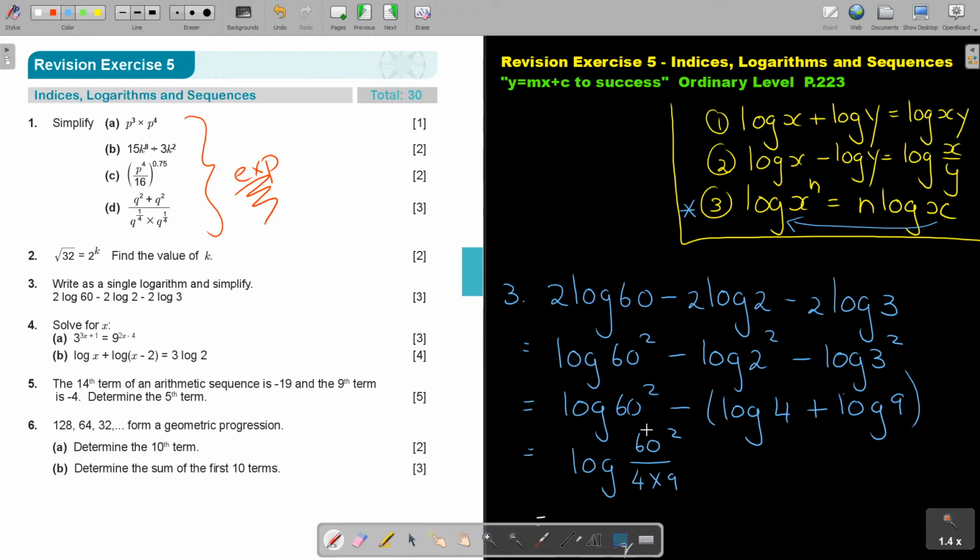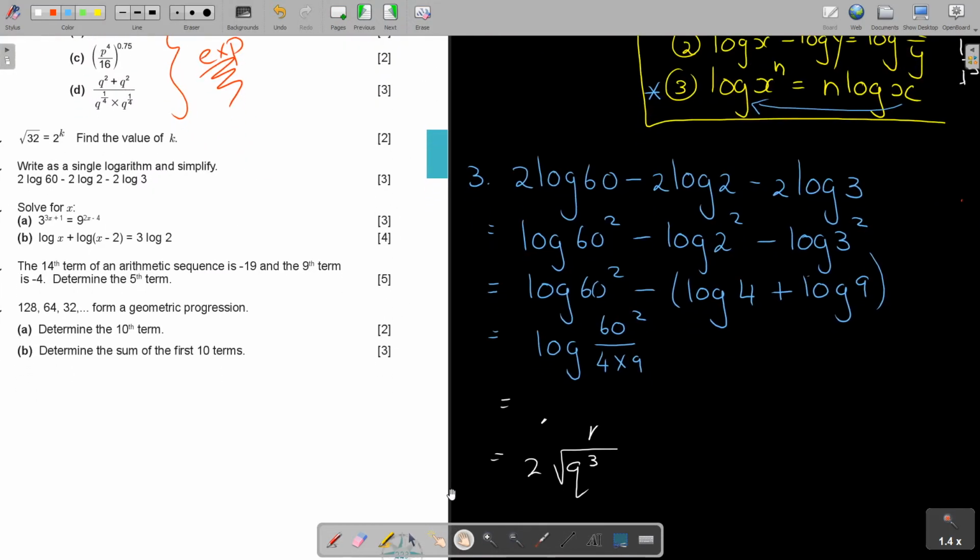You can go a little bit further. So 60 times 60 is 3,600, and this is 36. And if you simplify this, this is log 100.